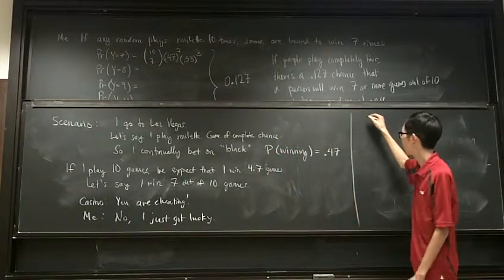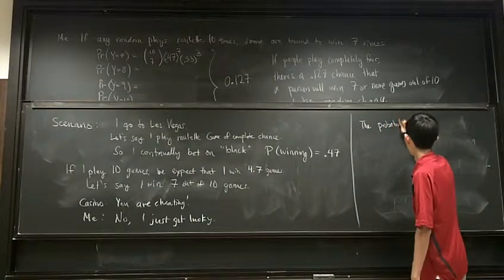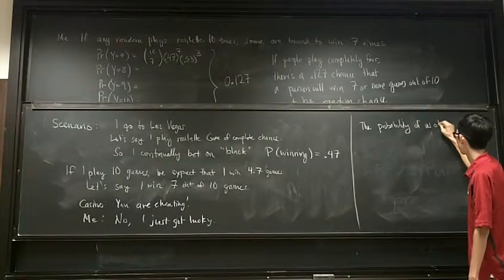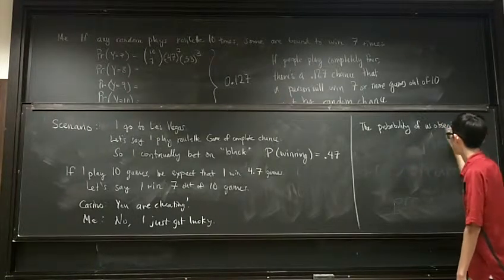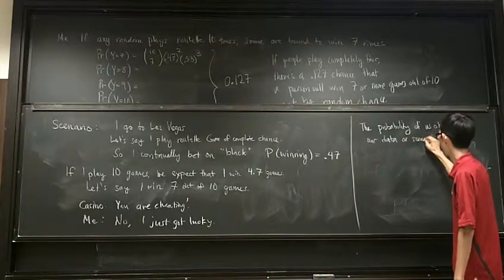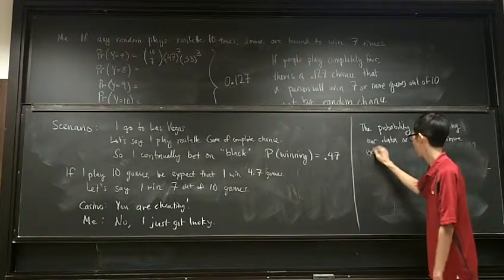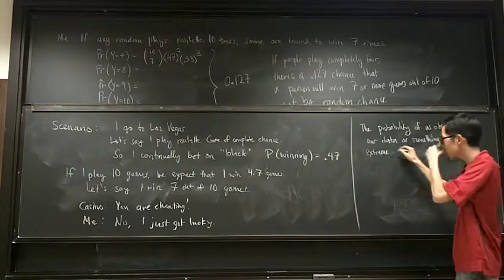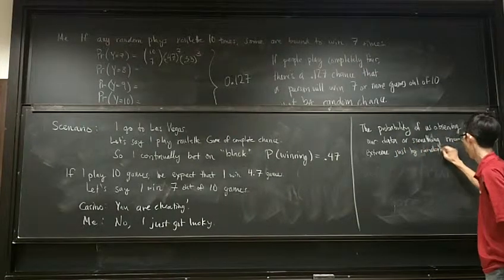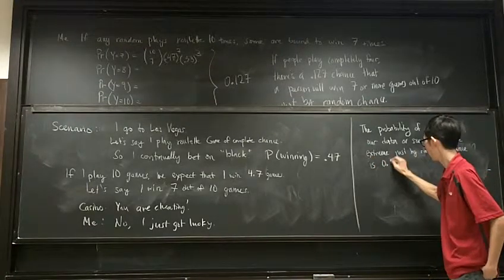Okay? So what we say is that the probability of us observing our data or something more extreme just by random chance is 0.127.